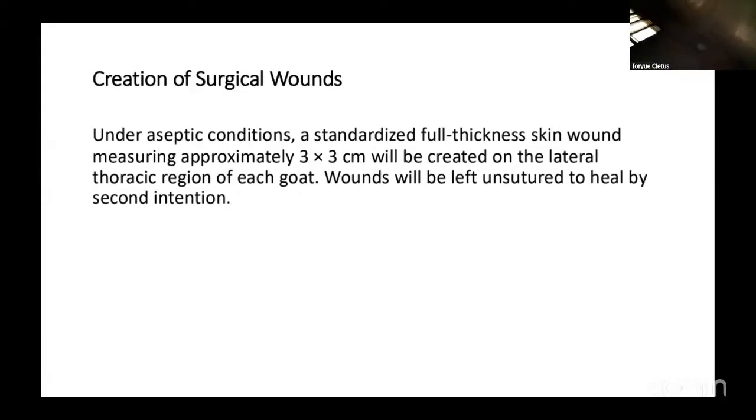So they are different from other wounds that may be caused by accident or other trauma or agents that can create them. They have smooth edges. They can be managed more easily than when other wounds are involved.